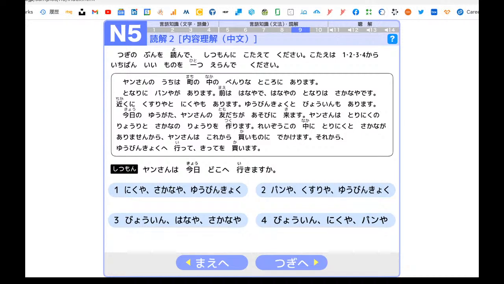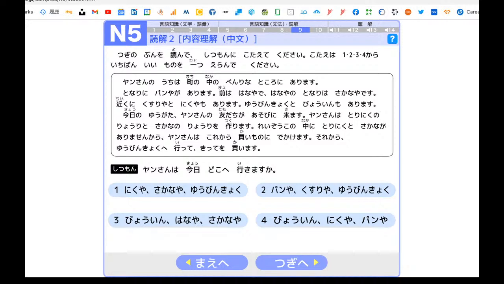Let's see. 冷蔵庫の中に鶏肉と魚がありません。So, Yan-san needs to cook the dishes of chicken and fish, but doesn't have fish and chicken in the refrigerator. ありませんから。So when you shop, it's for something that you don't have.